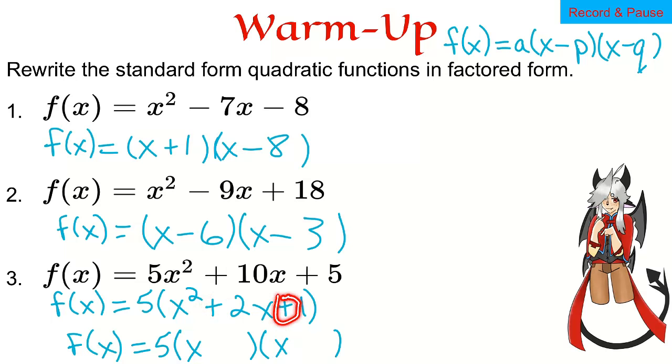So they're either both positive or both negative. But if they were both negative, this would be negative. So it's got to be both positive. And then what times what is 1? Well, 1 times 1 is 1. And then when I add those together, I get the 2. So that is the factored form.